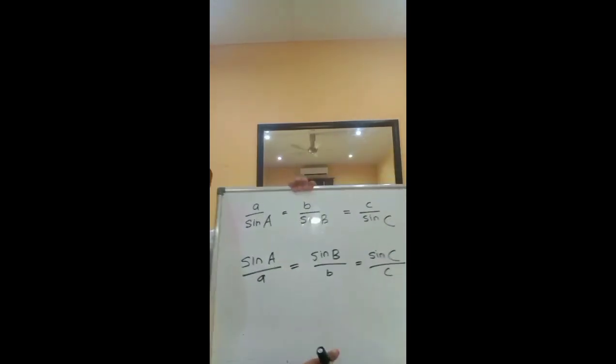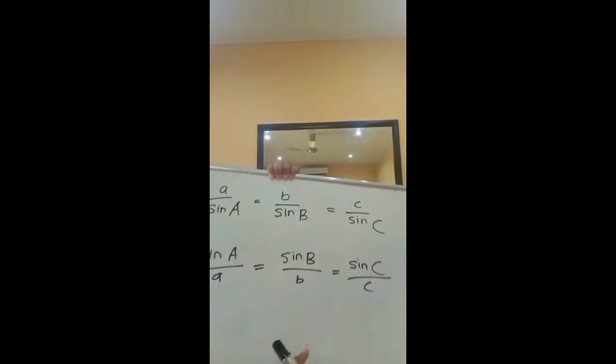This you should know to solve a triangle problem. For the solution of triangle problems using the sine and cosine rule, you should know two formulas. Formula 1, we call it the cosine rule. This also works for any triangle.